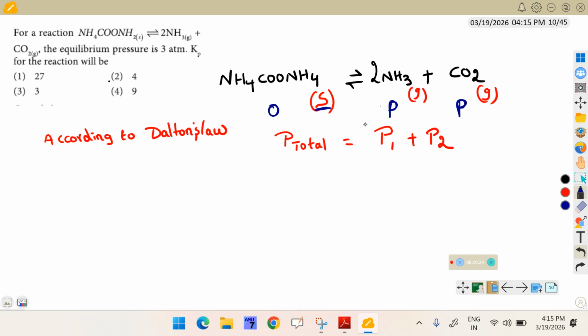Here 2 moles of NH3, so you can take 2P. Here 1 mole of CO2, so take 1P as partial pressure.